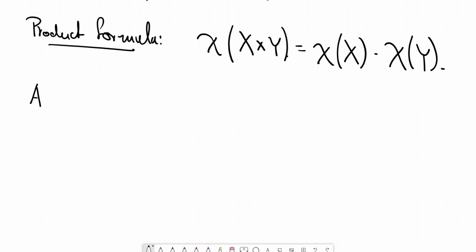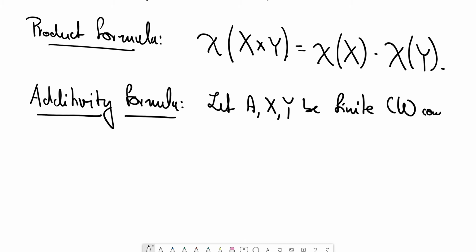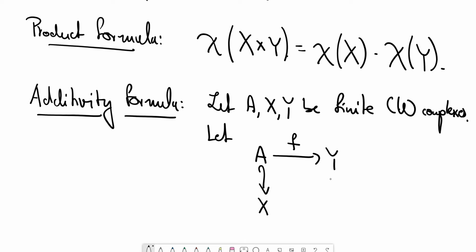And we have something called the additivity formula, which is a statement about push-outs. So let A, X, and Y be finite CW complexes, and let the following diagram be a push-out, where here we have a closed neighborhood deformation retract.